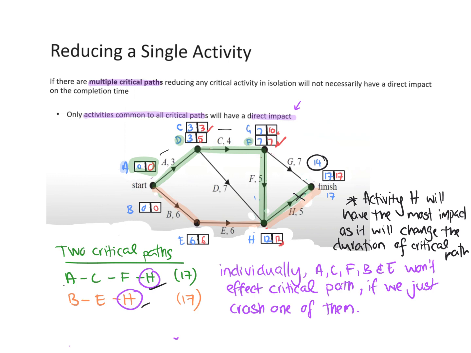So really though, because 14 is the lower option, we only need to worry about that. We don't need to crash H by the full amount of the 5 days, because even if we only crashed it by 3, it would still match the other thing.